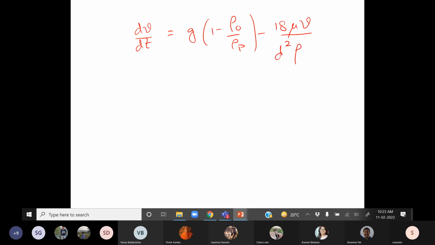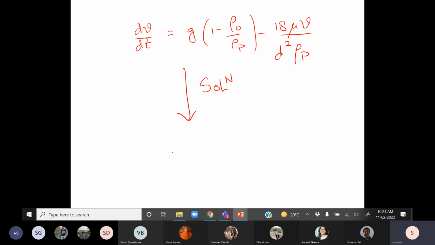So after you substitute everything, you get the final expression, where rho naught is that of the fluid. This would be your expression, and then you should solve this equation, which I will not do.